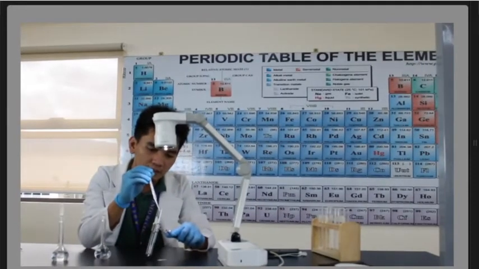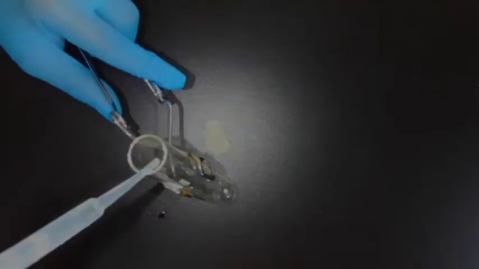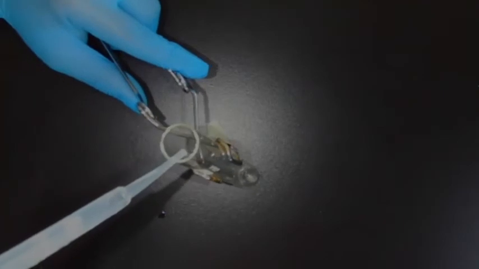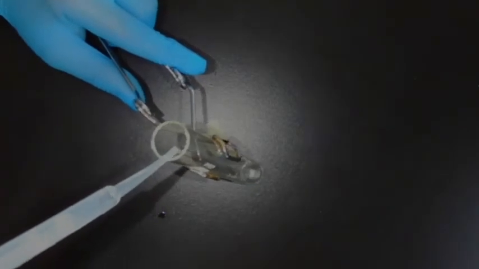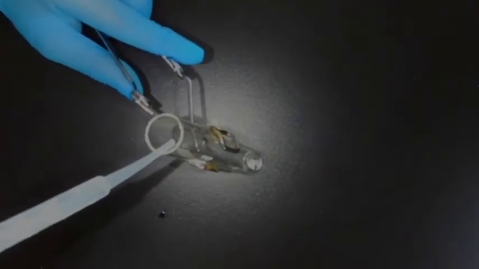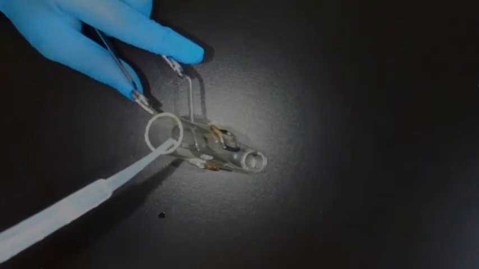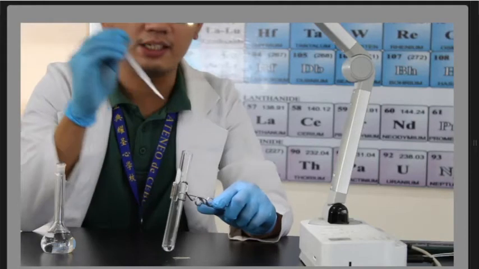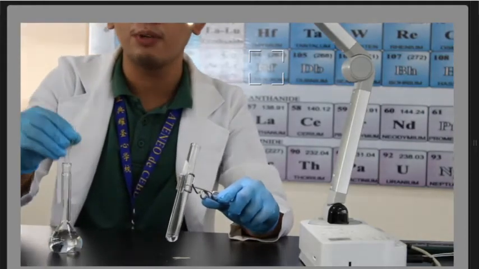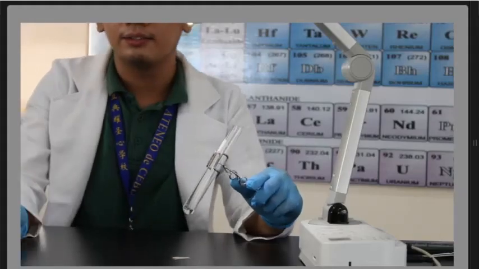So 1, 2, 3, 4, 5, 6, 7, 8, 9, 10, 11, 12, 13, 14, 15, 16, 17, 18, 19, 20. So that's 20 drops of calcium chloride. Next, we're going to drop again 0.1 molar of sodium carbonate.